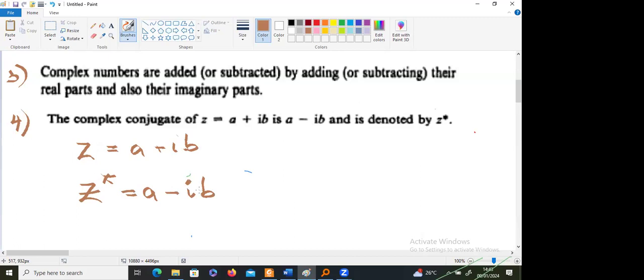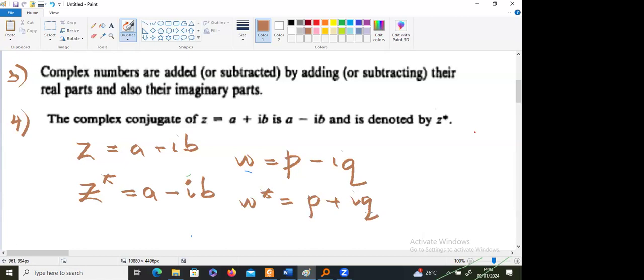These two are conjugates of one another. If I say that P minus IQ is the complex number, and I call this W, then the conjugate of W now becomes the plus. So the two are conjugates of each other.